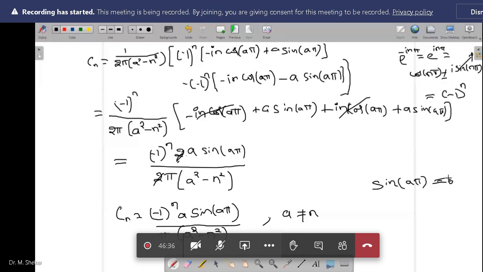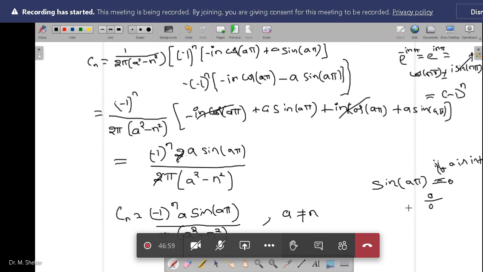If a is an integer, this result is 0, because sin 1 pi, 2 pi are 0. So at exactly a equal to some n, you will get 0 by 0.